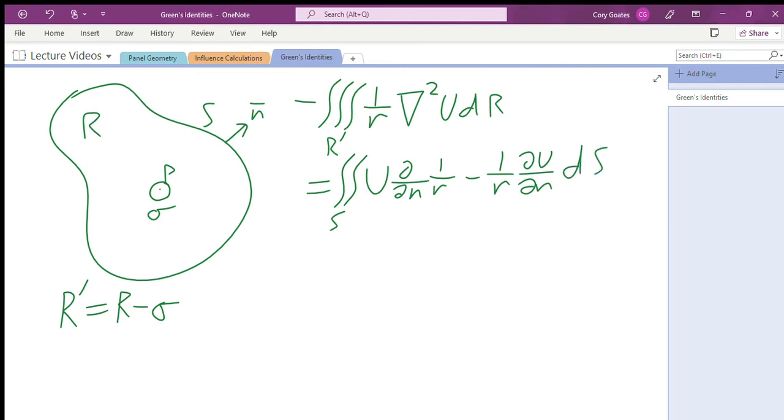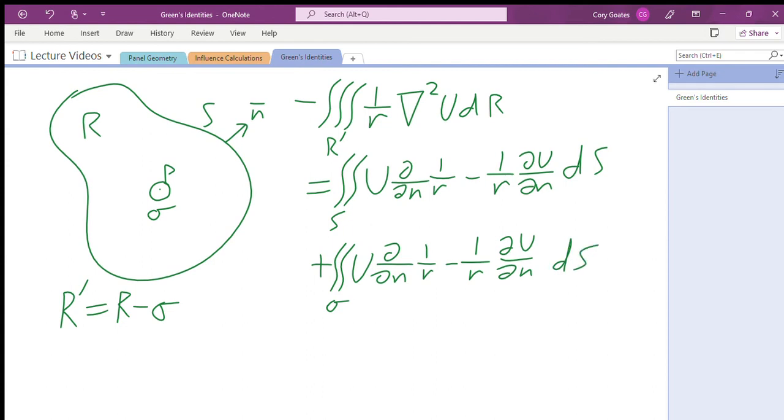ds. Well, now what we need to remember is that we've augmented the boundary of R. Since we're now dealing with R prime, the boundary of R prime is S and sigma. So we need to write this for sigma as well. So plus the double integral over sigma of u partial n times 1 over r minus 1 over r partial u partial n ds.